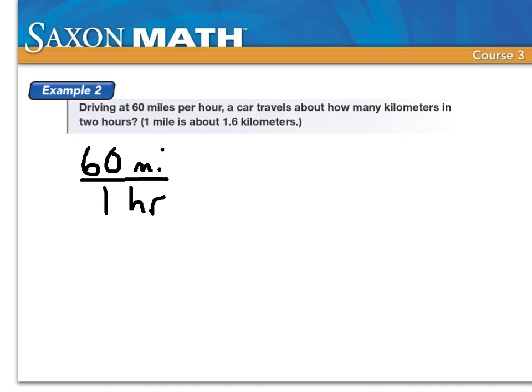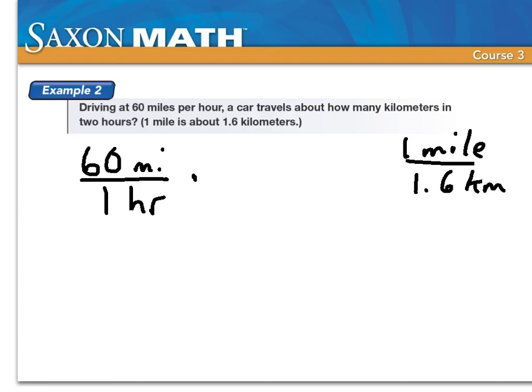So we have to figure out which unit is changing, the miles or the hours. Well, I see the word hours again, so that means miles has to change. So now my unit multiplier needs to be something that converts miles to kilometers. Well, it tells us right here that 1 mile is about 1.6 kilometers.